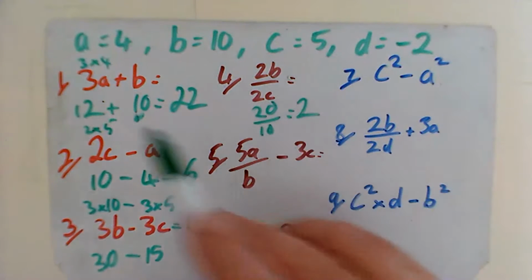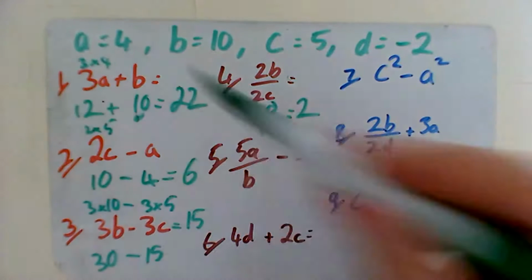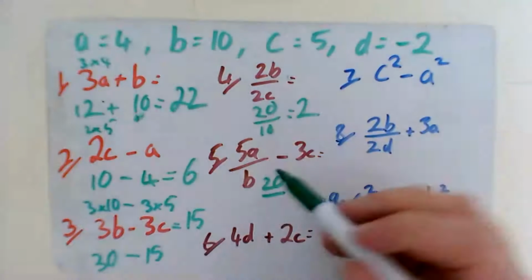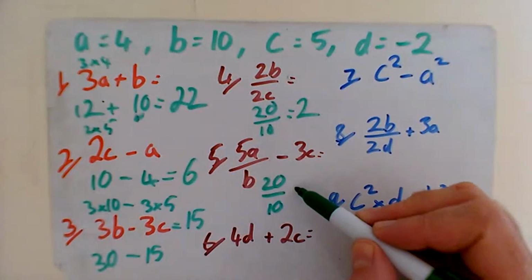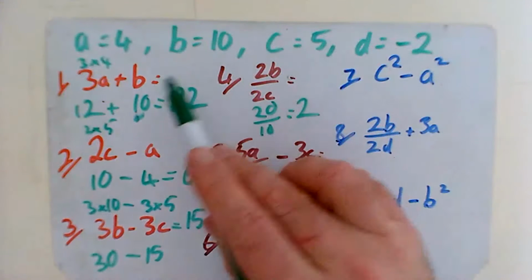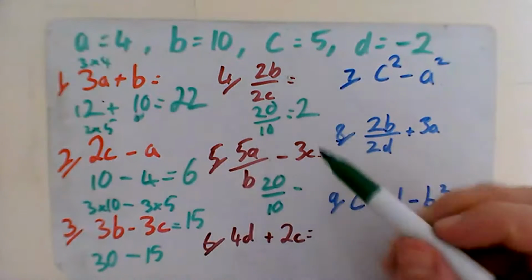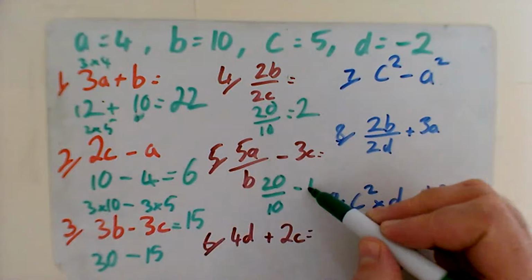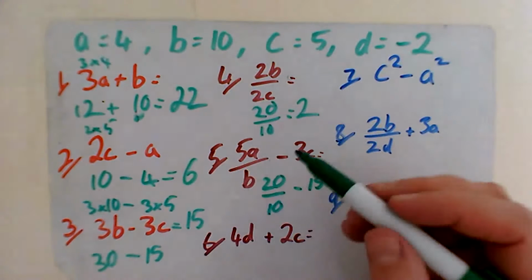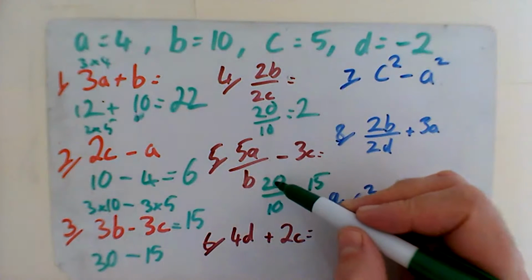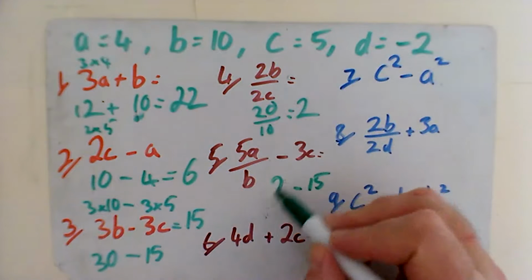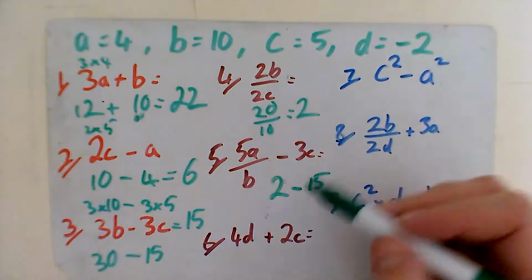That's going to be 5 times a. 5 4s are 20, so it becomes 20 over b over 10, okay? And then we minus 3c, 3 times c. C is 5, 3 times 5 is 15. So 20 divided by 10 gives us 2, okay? So it becomes 2 minus 15.